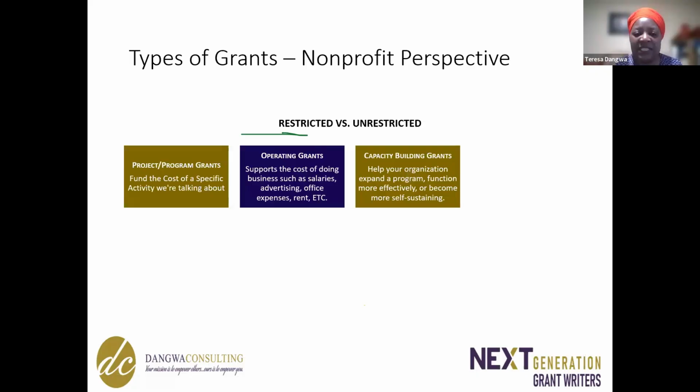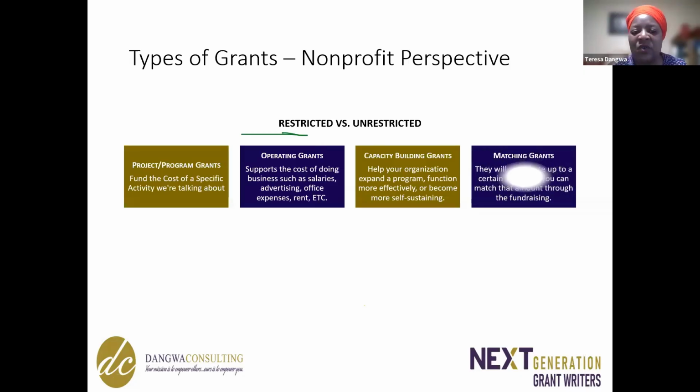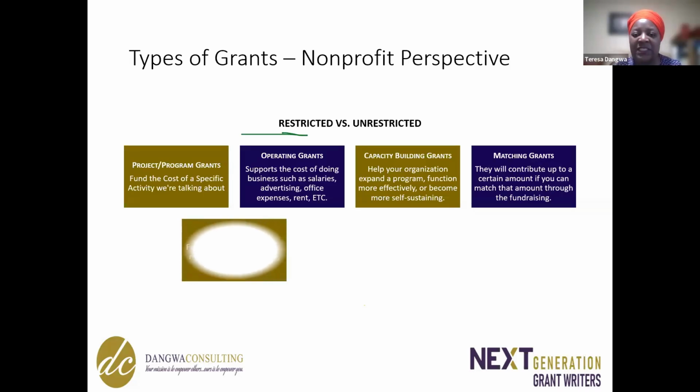And then we have operating grants. These support the cost of doing business, such as salaries, advertising, office expenses, rent, etc. And then you have capacity building grants. These help your organization expand a program, for example, or function more effectively or become more self-sustained.